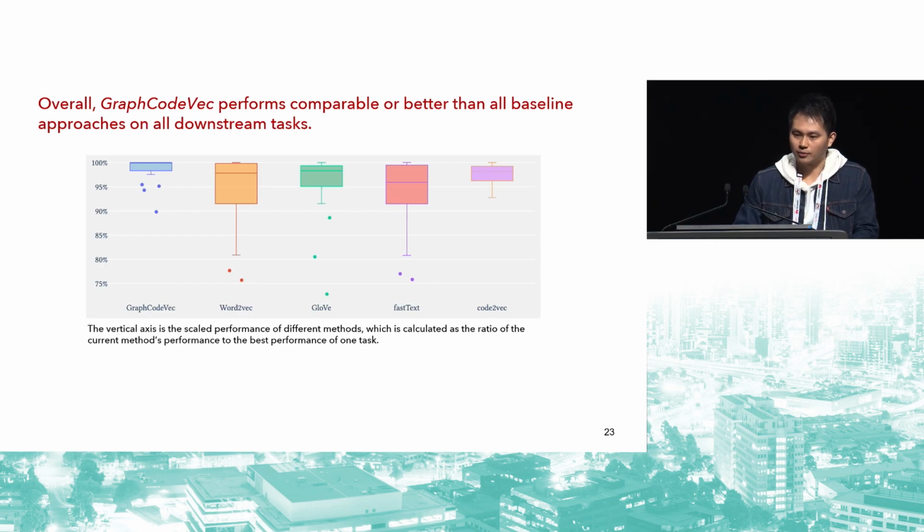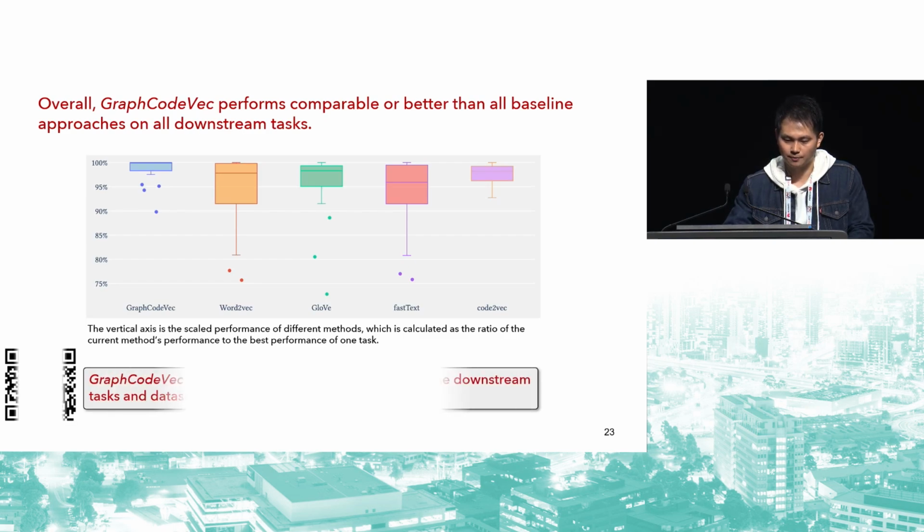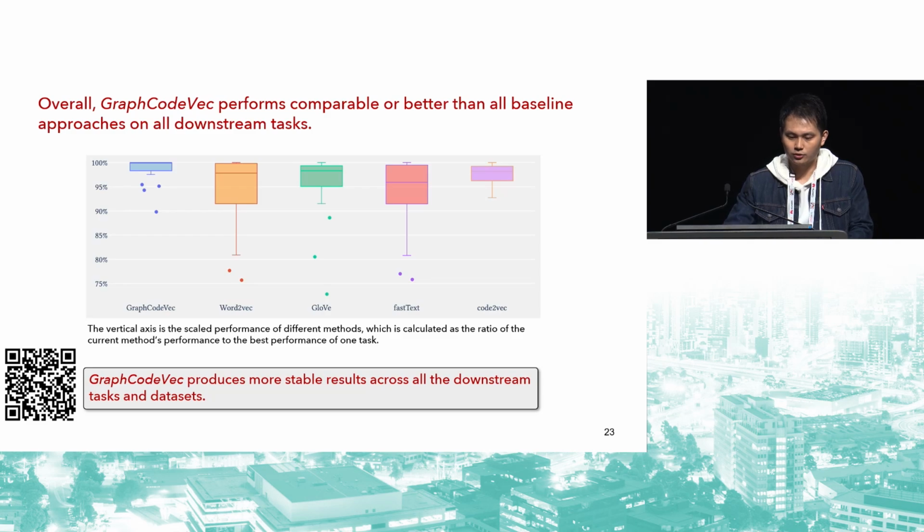As you can see from the box plot, our approach performs comparably or better than all the baselines on all downstream tasks, which means it can generalize well to different tasks. We also see that our approach produces more stable results across different downstream tasks and different data sizes.